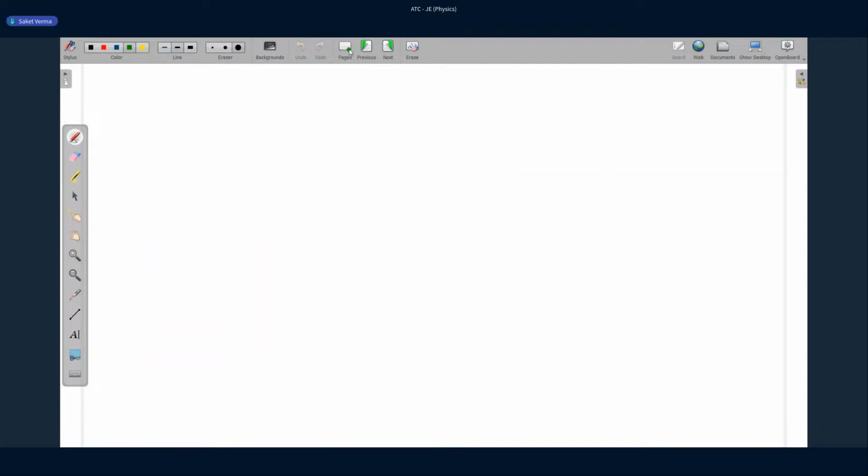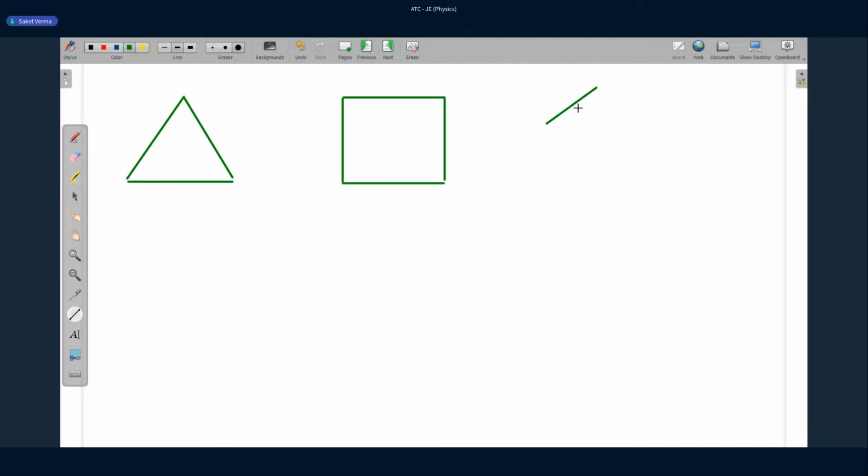Suppose a charge q is placed at each vertex of a regular polygon, and you have to calculate the electric field. Suppose these are regular polygons, like a triangle, a square, and a pentagon. They all have equal sides, obviously.